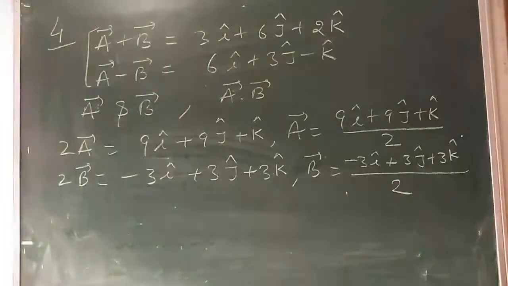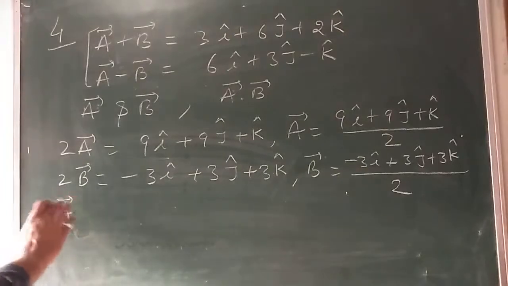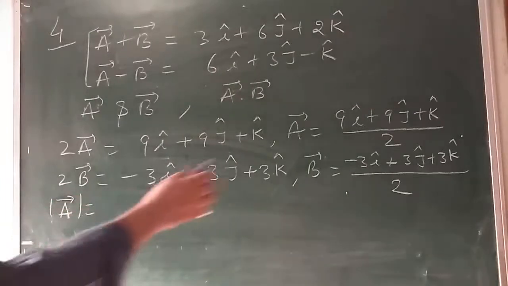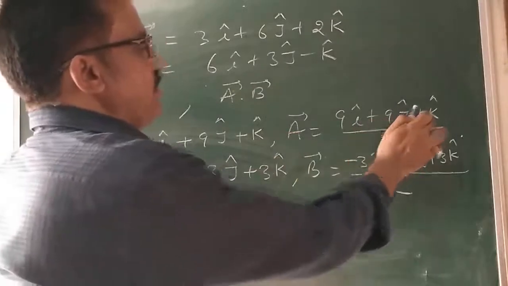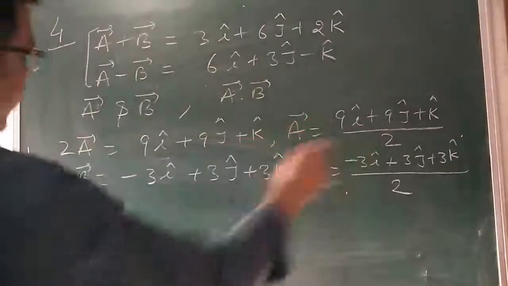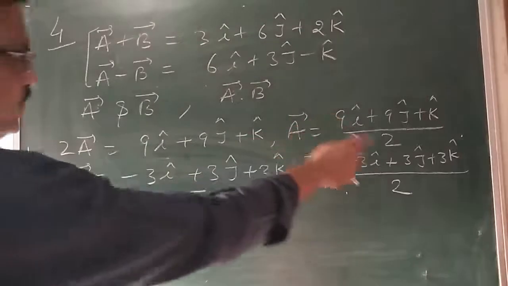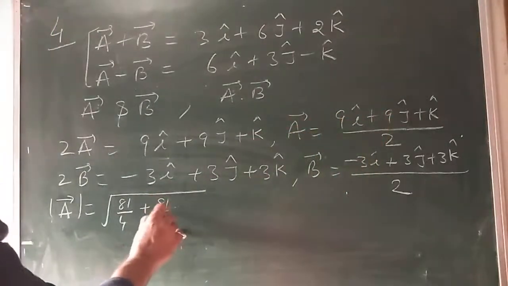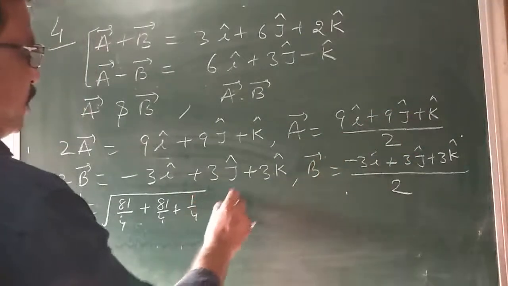On solving we get. Now first find out the magnitude of A. That formula again. 1 by 2 may be taken out. Under root of Ax square plus Ay square plus Az square. So you can write here 9 by 2 square, 81 by 4. Similarly here 9 by 2 square, 81 by 4, plus 1 by 2 square, that is 1 by 4.